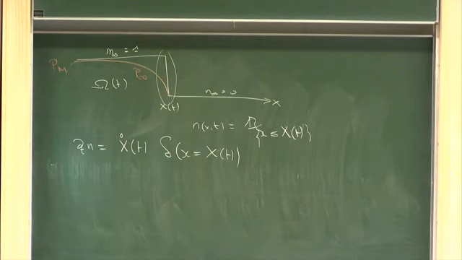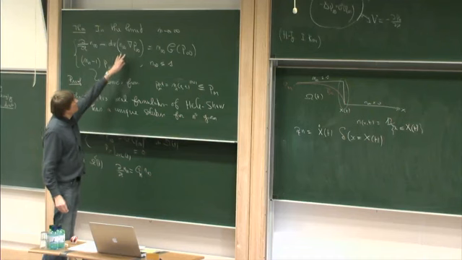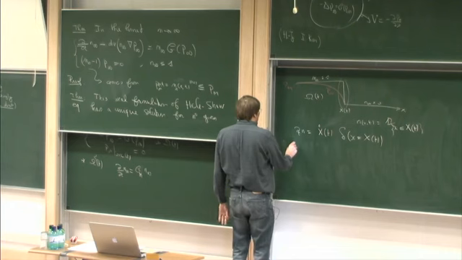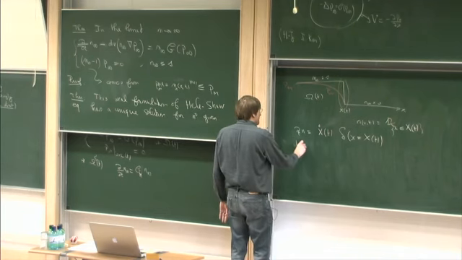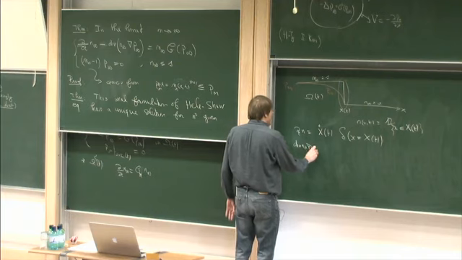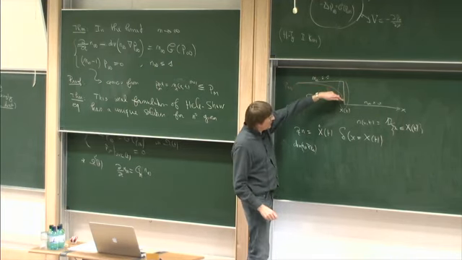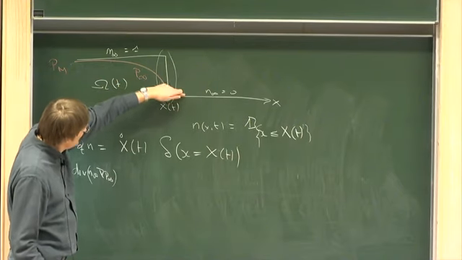So now you want to know what this object is. This object is a jump from the gradient p to 0.